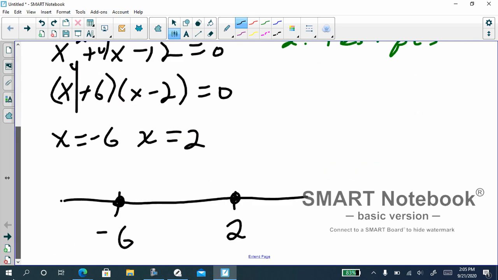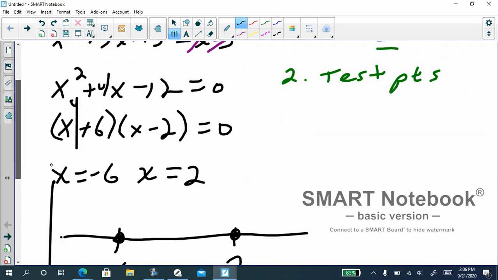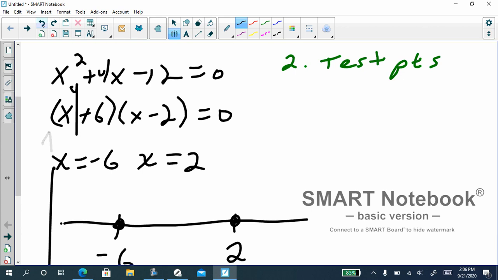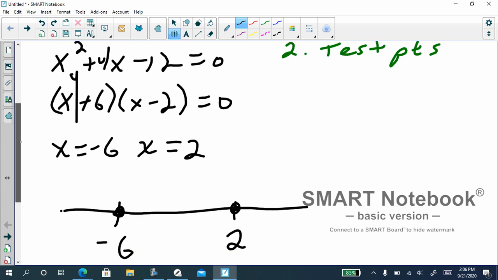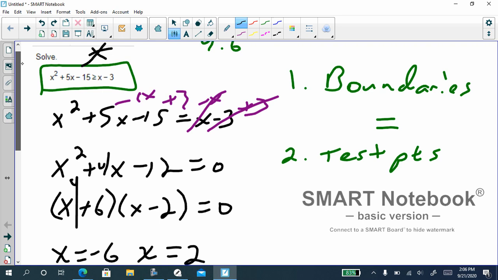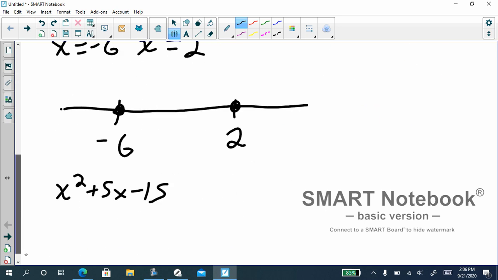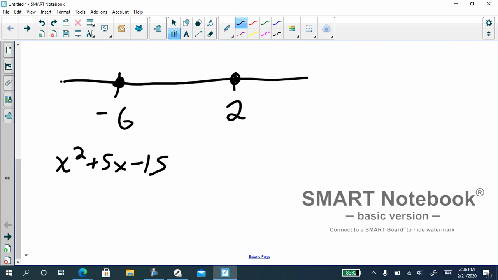So let's copy down. We got x squared plus 5x minus 15. We want to see when that is going to be greater than or equal to x minus 3.